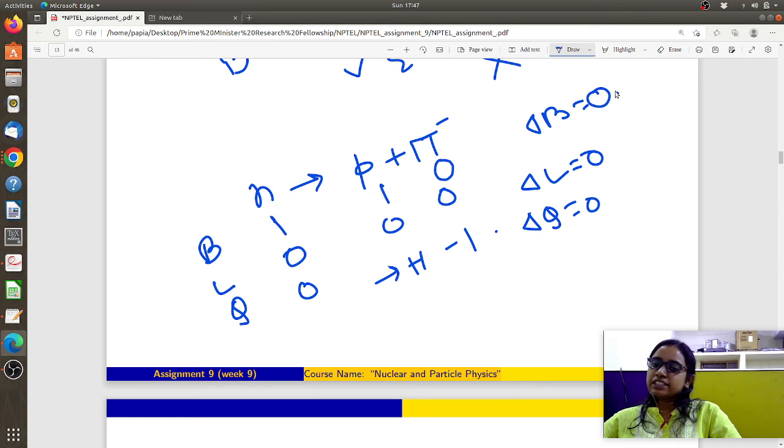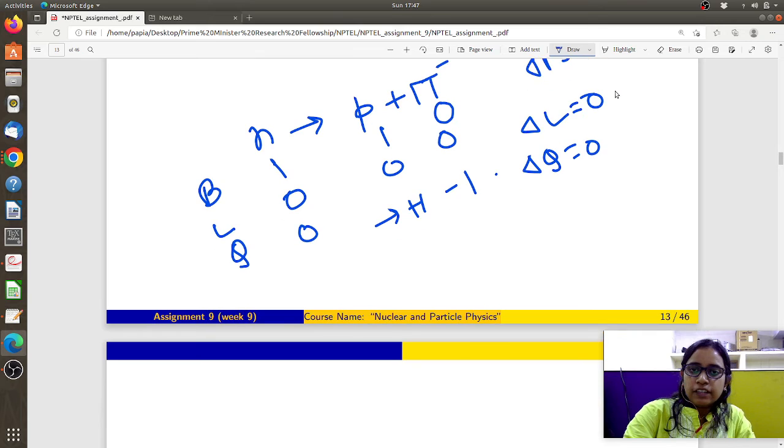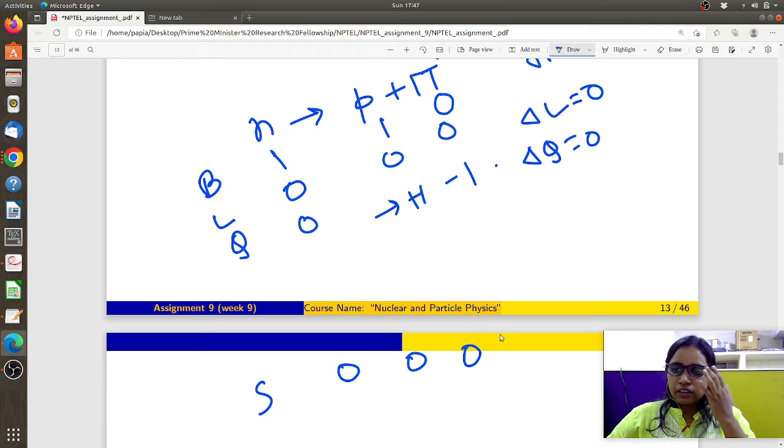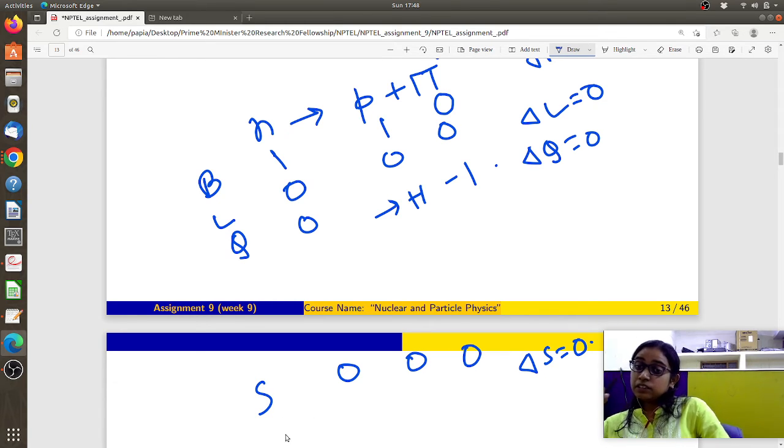Now coming to the nature of that nuclear reaction. What will be the nature of that nuclear reaction? For knowing the nature of the nuclear reaction, what should we do? At first S. See here, N, P and pi are all not strange particles, so all the particles have S equal to 0. That means delta S is obviously 0. What is the meaning of this?